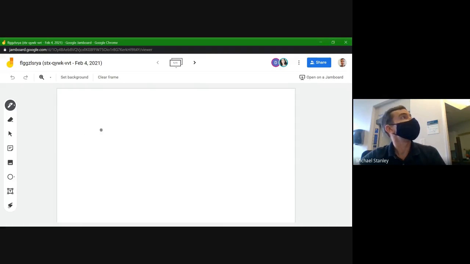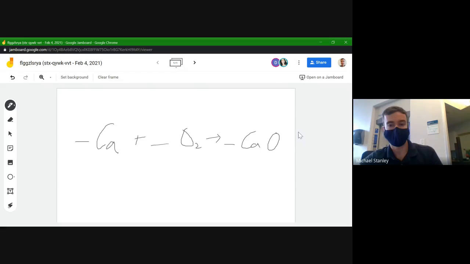We have calcium, Ca, and oxygen, O2, create calcium oxide.